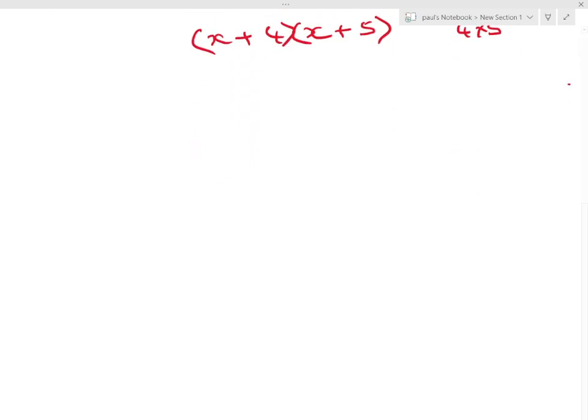Let's get some more room. So x squared plus 12x plus 20. So factors of 20 are 1 times 20, 2 times 10, and again 4 times 5.